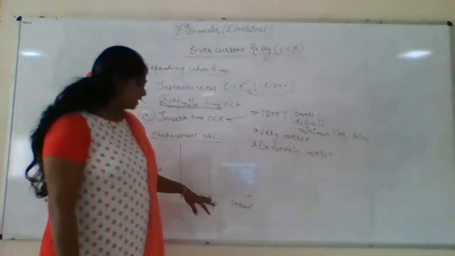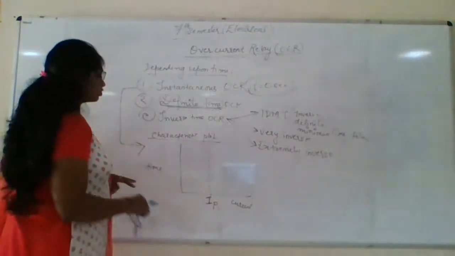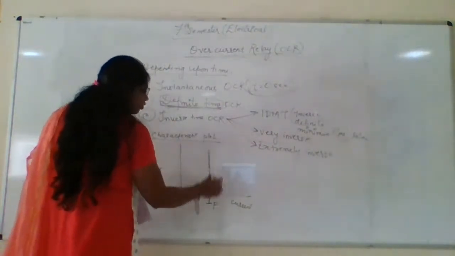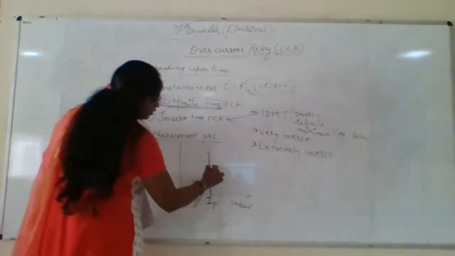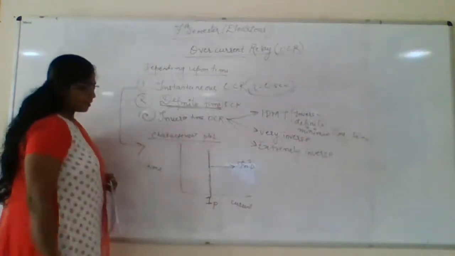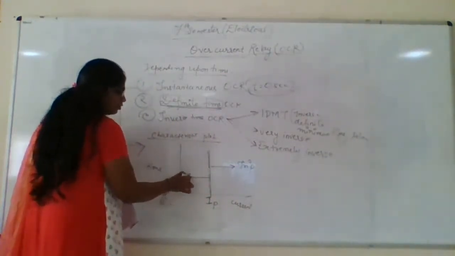Fine? So the preset value is actually known as tolerance. Fine? So this is the preset value of current. If the current goes beyond this preset value, trip. If the current is within this preset value, no trip.